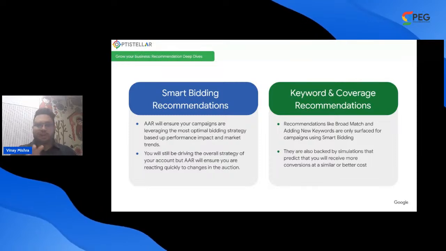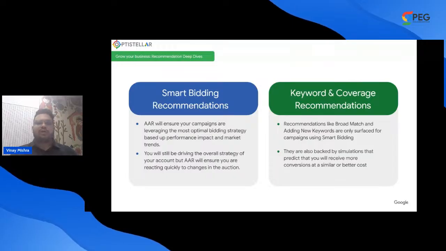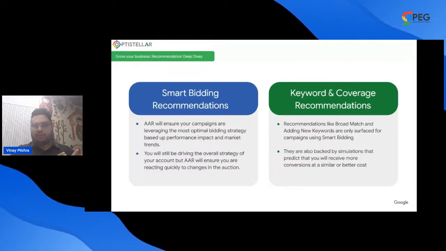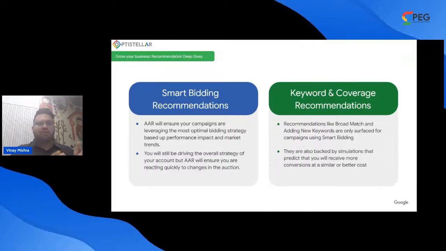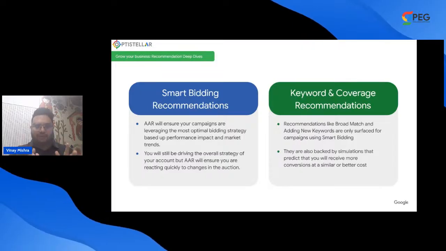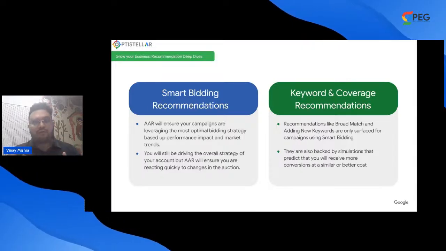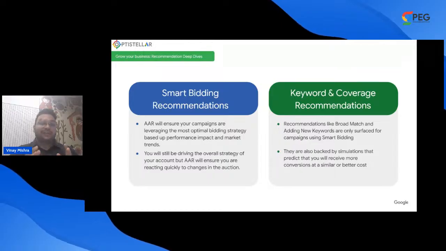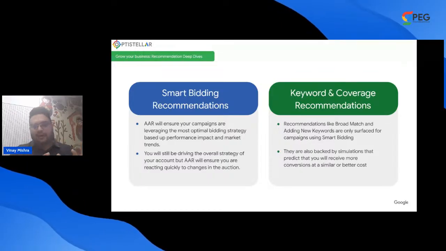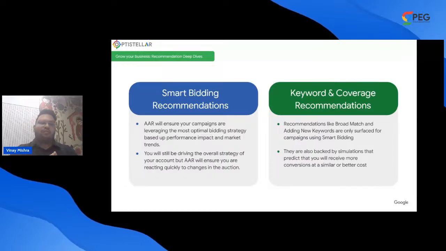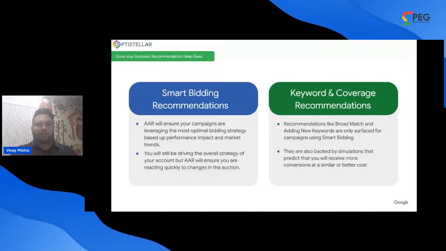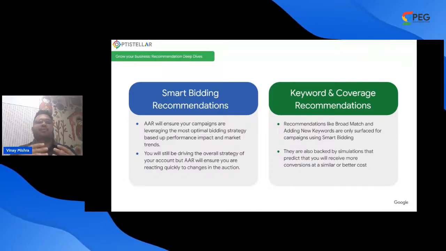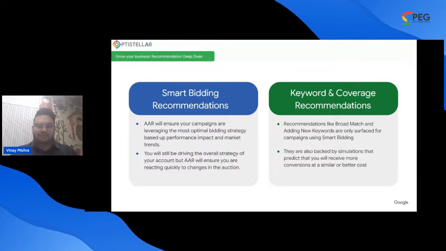It also suggests new keywords that users might use, so you're not missing out on that traffic as well. These are again backed by simulations predicted using AI, which will help you get more conversions at a similar or better cost.